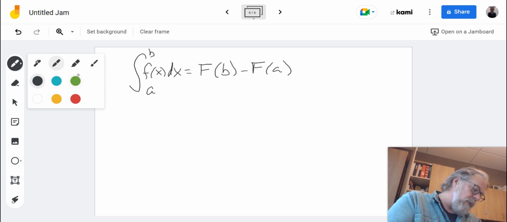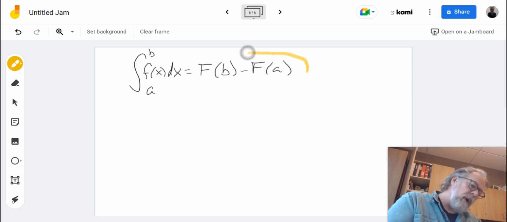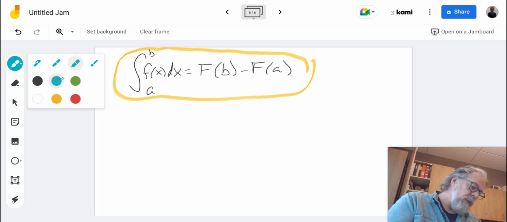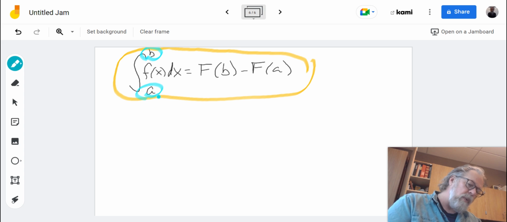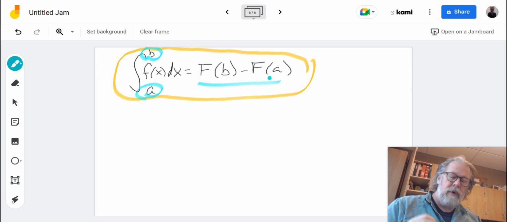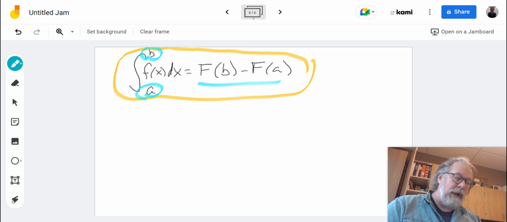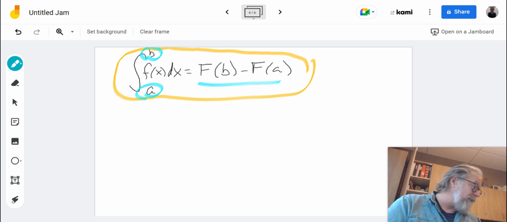So that will become very useful moving on, because anytime we have a definite integral, in other words, a and b are numbers, we can actually calculate the value of the area under the curve without having to go to our calculator and do a big long Riemann sum.